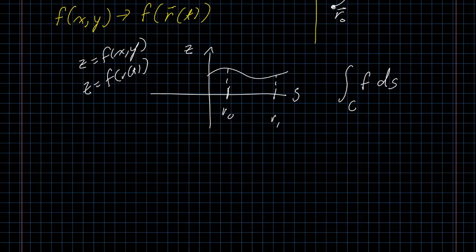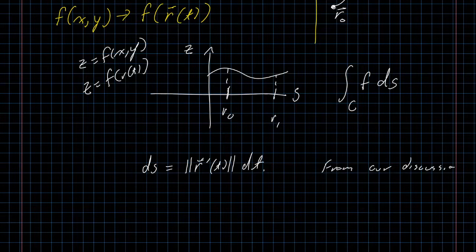Now, we've seen ds. We mentioned it back when we were talking about parametric paths and vector valued functions and arc length. And we saw that ds is the magnitude of r prime of t dt. Right, that's just from our discussion of arc length.